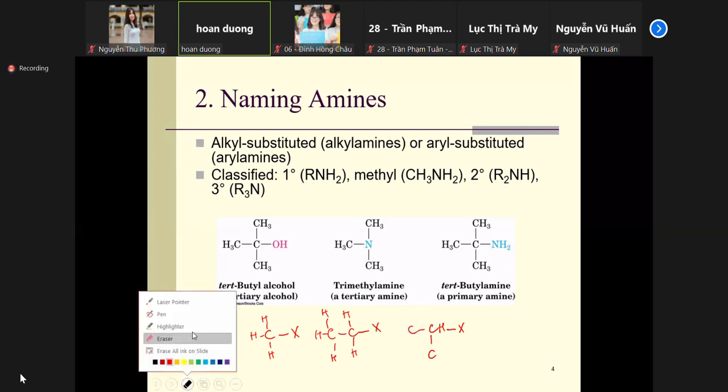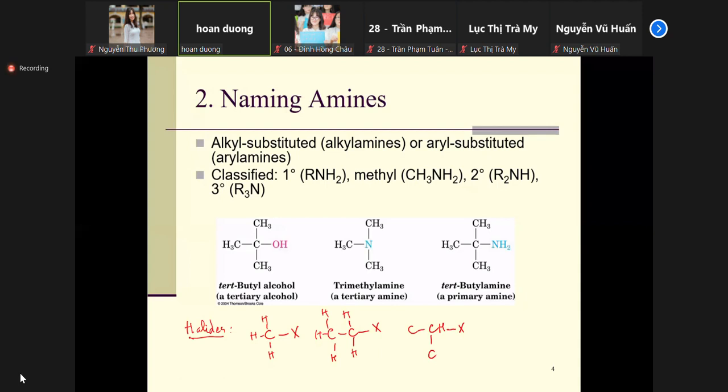And now we put the order of this. So that's no order, right? The methyl, no order. So we will have one more here, C, C, C, C, and C, C, C, X. Okay, please put the order of this one. Order in Vietnamese means the order of halide.